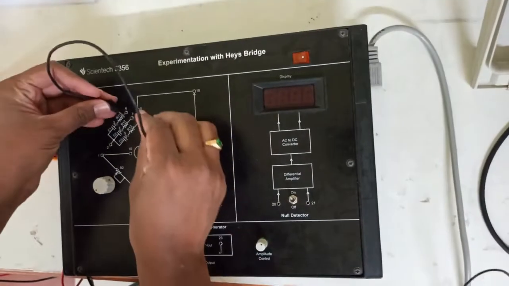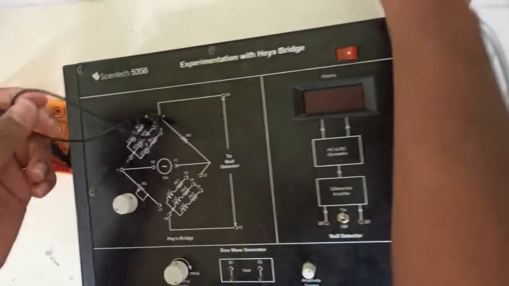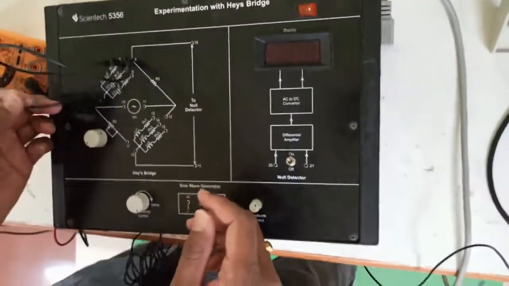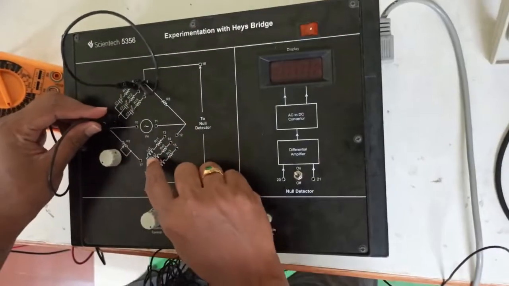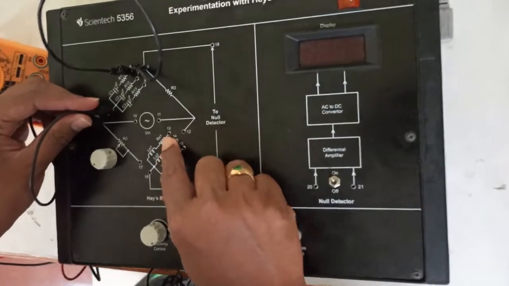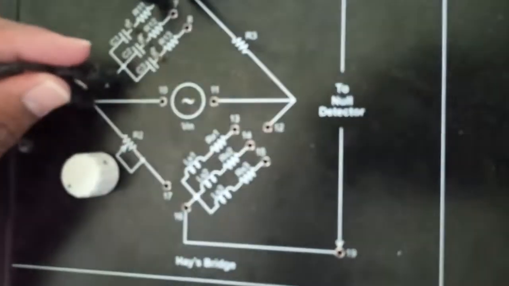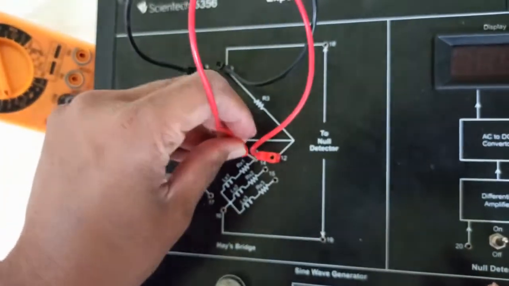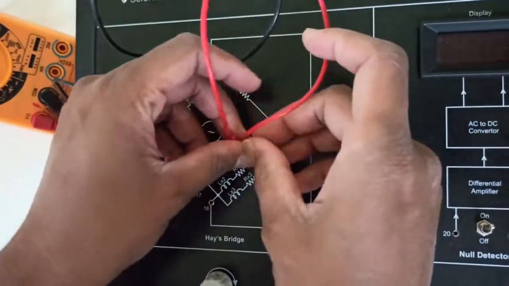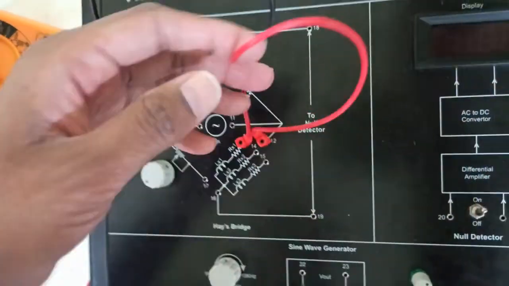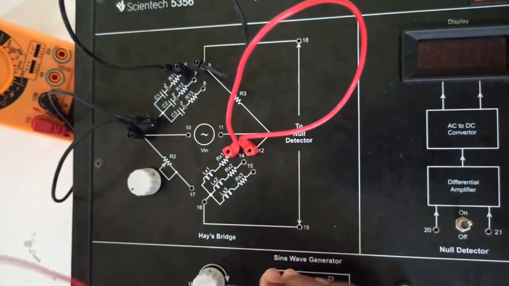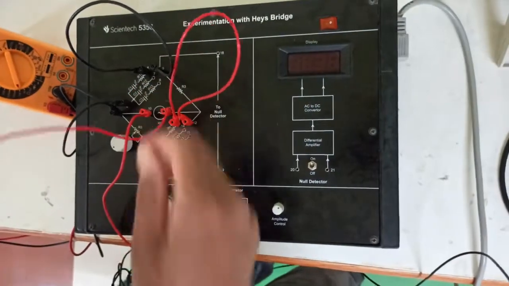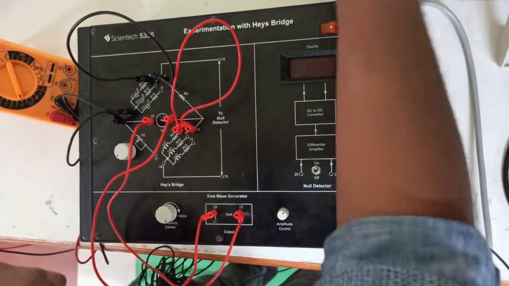Coming to case 1, we have joined these two terminals. If we join these two terminals and these two terminals like this, we find Rx1 and Lx1. Let me connect the supply voltage also. The supply voltage is given to this switch. Let me connect the null detector also.